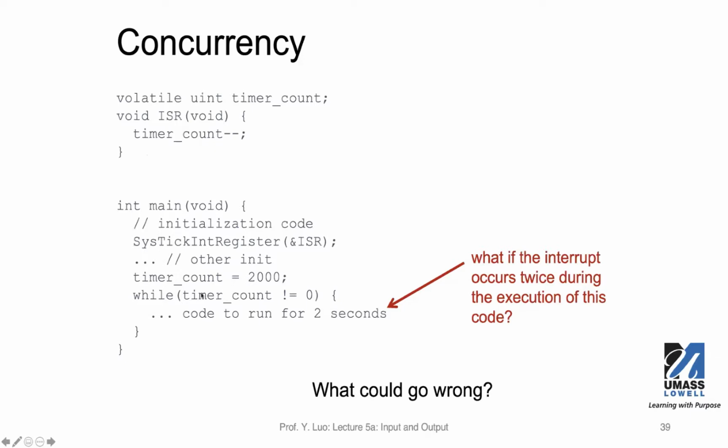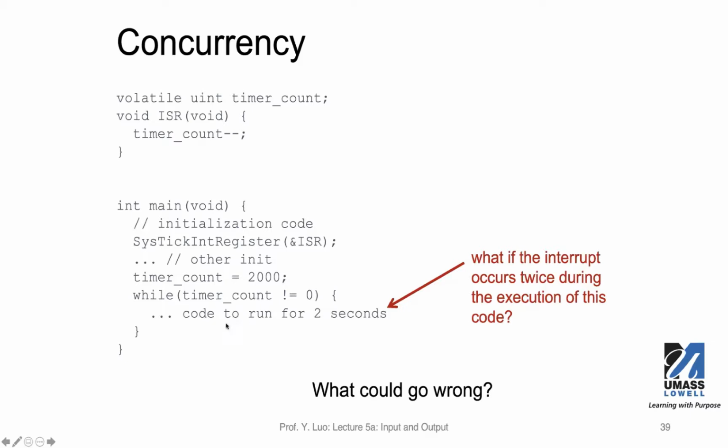Now, at this point your timer count is 1, and then you have 2 interrupts, so this value will be decremented twice. That'll become -1. And what is the problem with the -1?